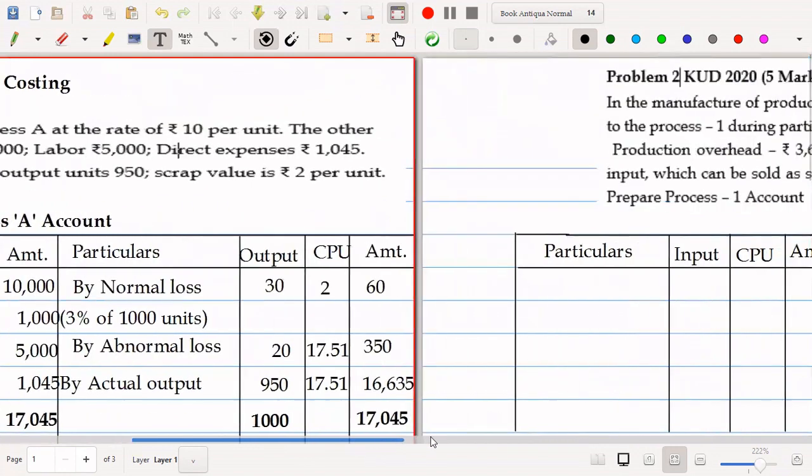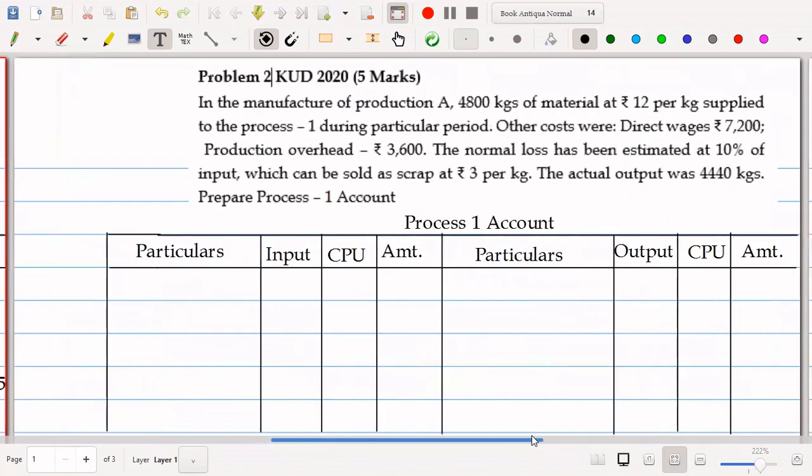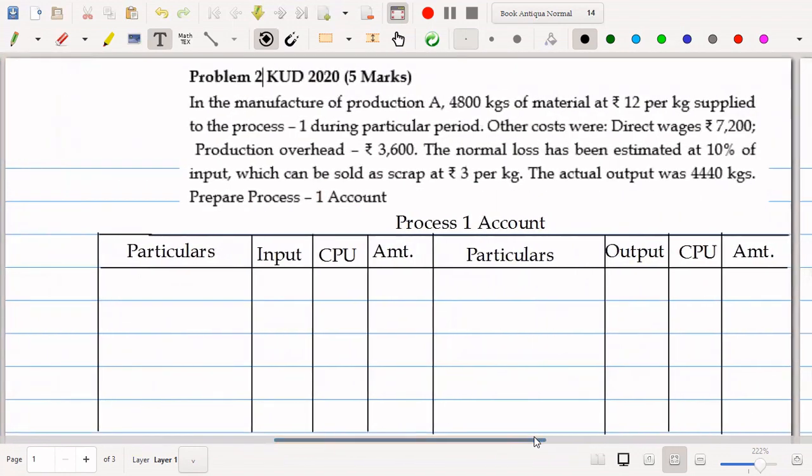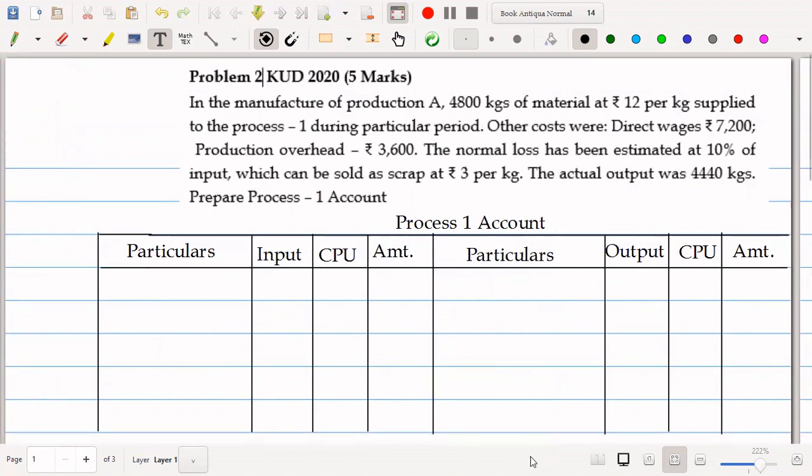Let's go for another problem, from Karnataka University, Dharwad, which was asked in the year 2024, for 5 marks. In the manufacture of product A, 4,800 kgs of materials at rupees 12 per kg were supplied to process 1. That is, 4,800 units were introduced in process 1 at the rate of rupees 12.